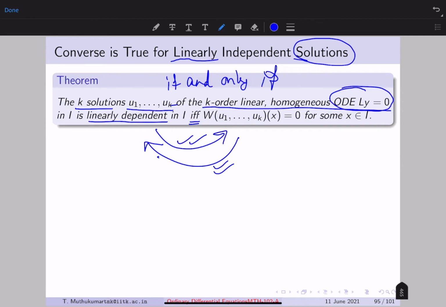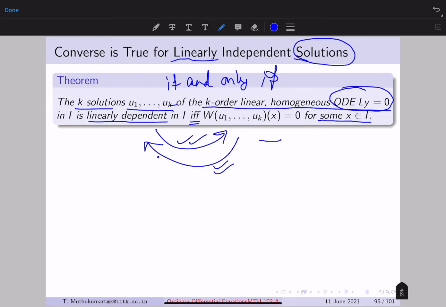So linear dependence if and only if Wronskian is 0, but here the small change is that earlier it was for all x, now we say for some x. So linear dependence implies Wronskian is 0 for all x, which is from the previous theorem.